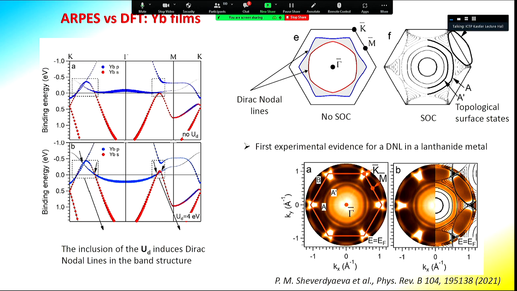So in this way, ARPES and DFT were nicely collaborating and found also something which was not there before. That was the first evidence for a direct nodal line in a lanthanide metal.